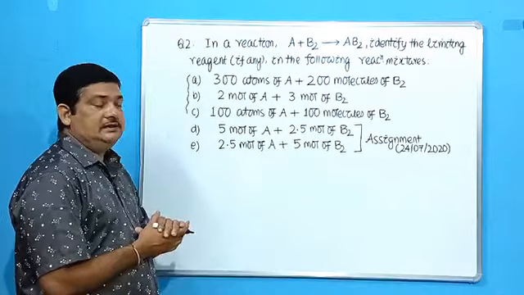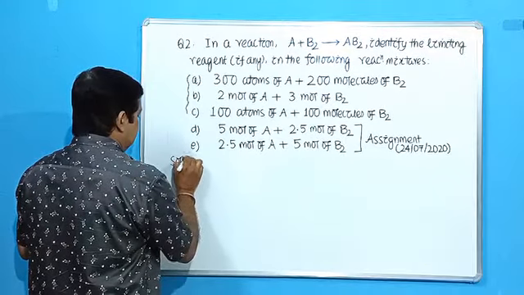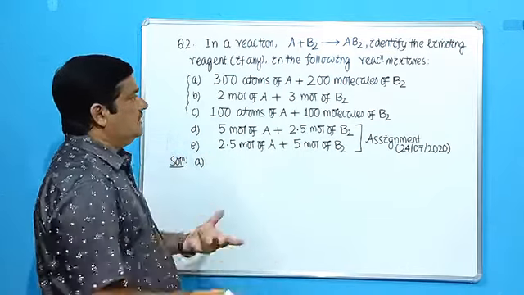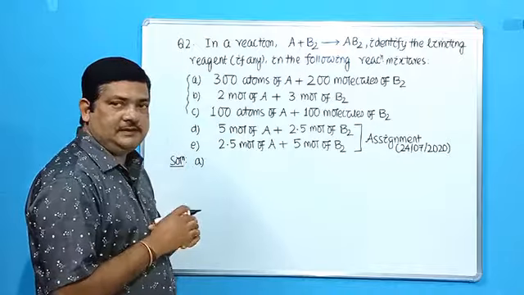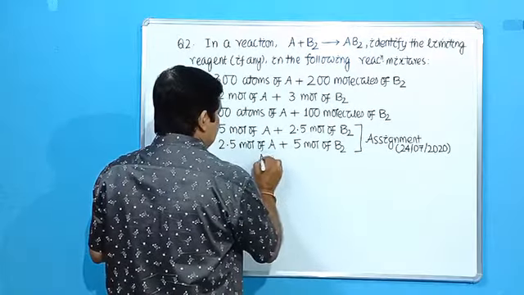Listen carefully how we are solving the first 3. Now coming to the solution. For solving this, we have to go for the balanced chemical equation. In every case, we have to go for this one. So what is the balanced chemical equation?